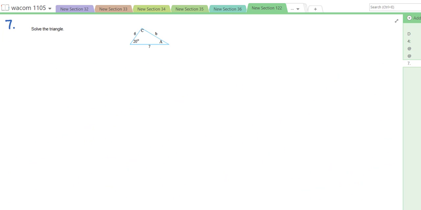All right, so we're going to look at this problem. We have an example here where we have side angle side. In this problem, we do not have a complete pair.